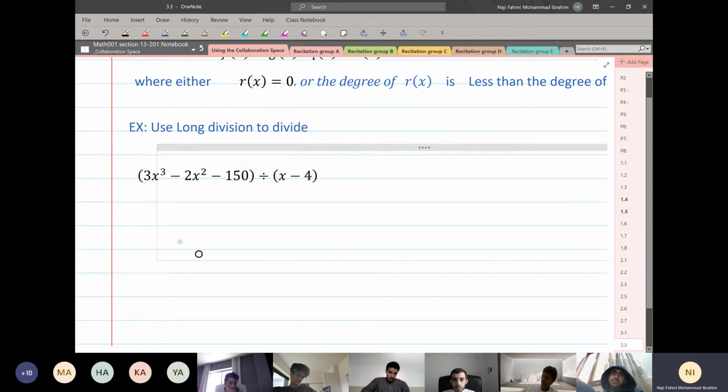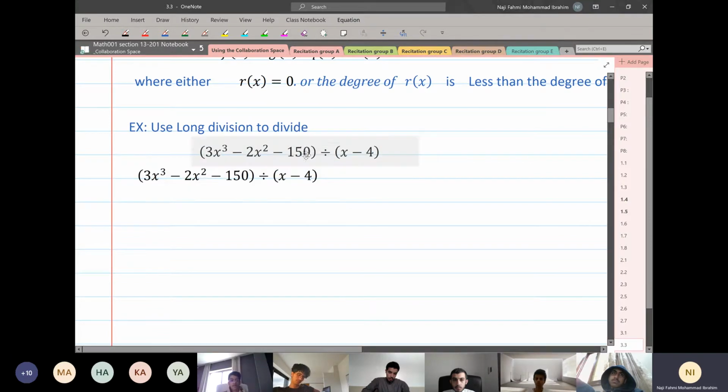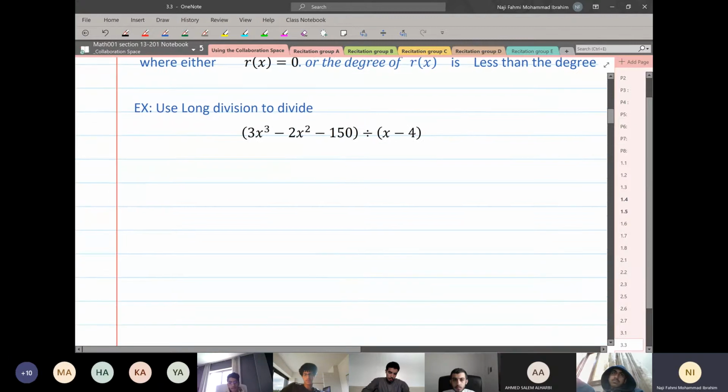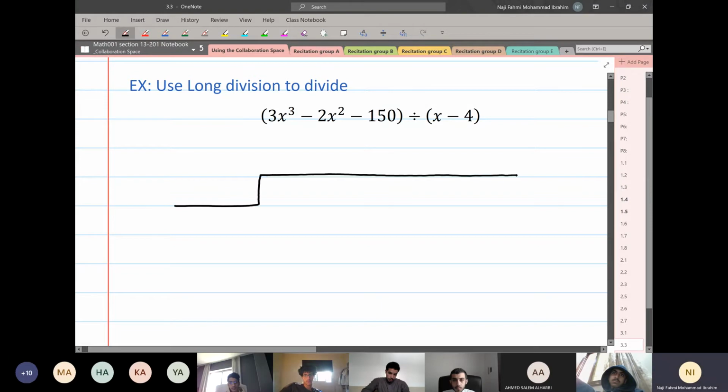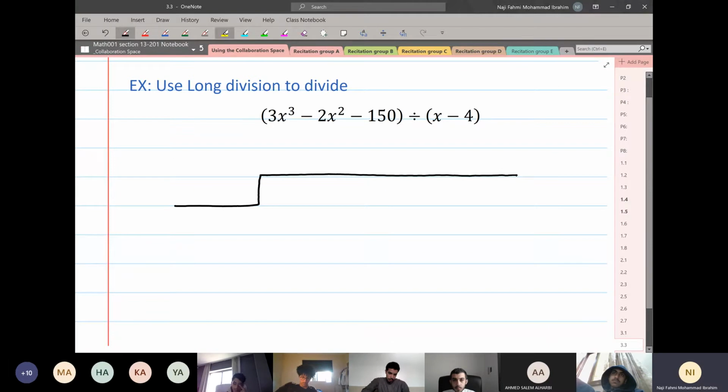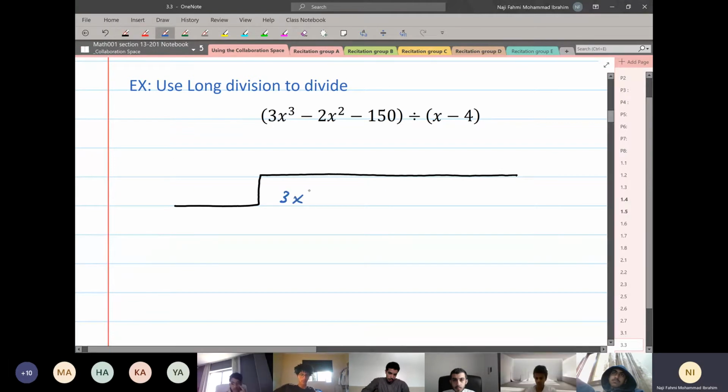Yeah, let's solve this one together now. What does it say? Use the long division to divide. Now, first of all, Shabab, the first thing we should do is to draw the division sign. This is the division sign. Then I have to write the dividend inside, which is 3x to the power 3 minus 2x squared.